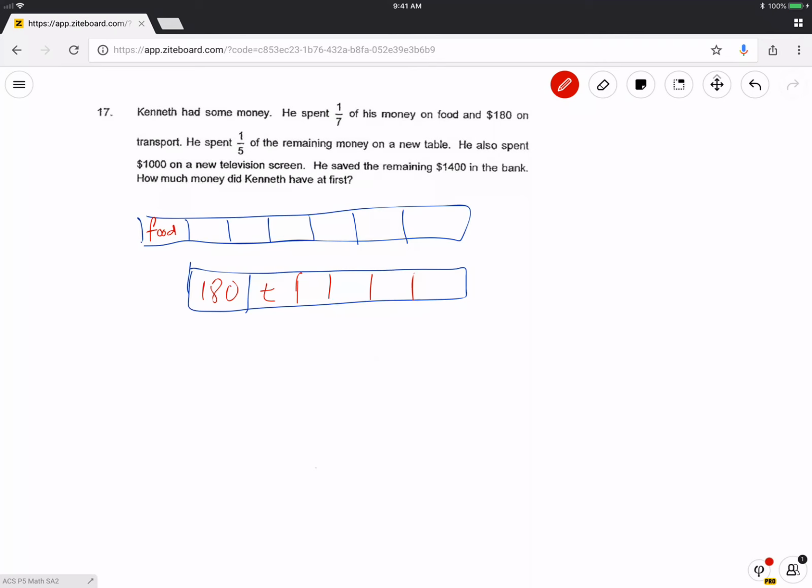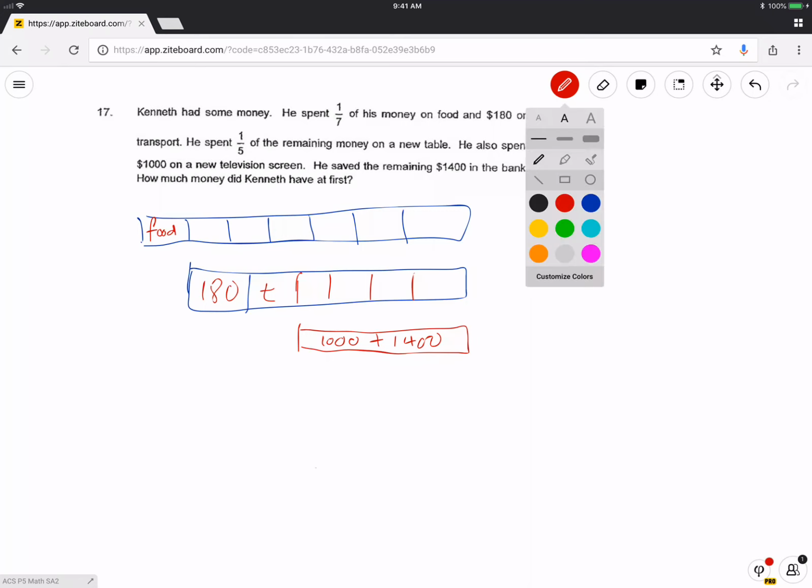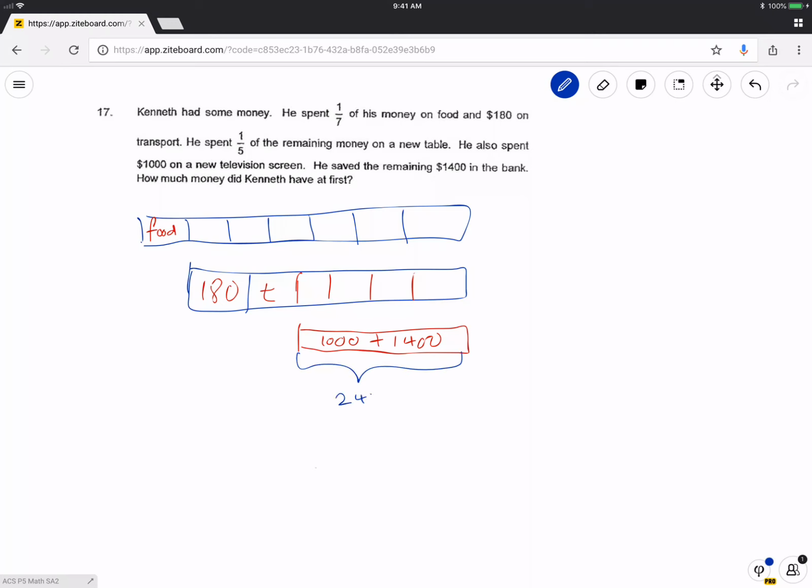Okay, so after spending 180 and 1/5 of the remaining, you get another remainder, and this remainder is actually $1,000 plus 1,400. So you add them together, it is 2,400. 2,400 represents 4 units, so 1 unit is 600, and 5 units would be 600 times 5, $3,000.